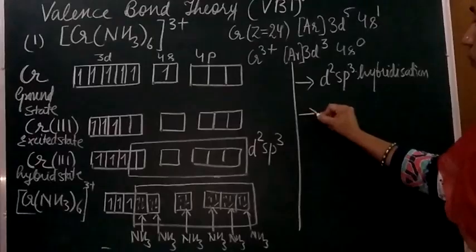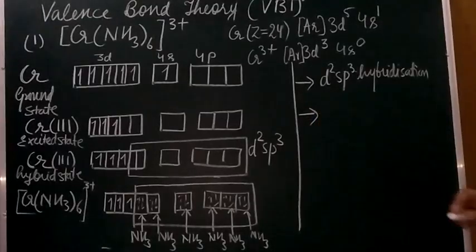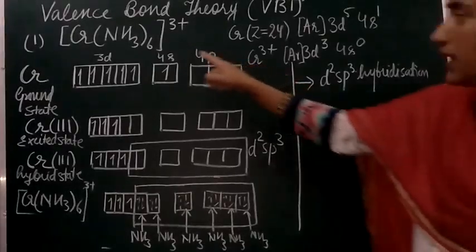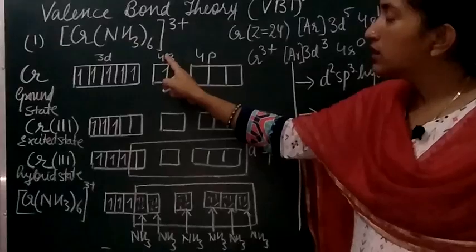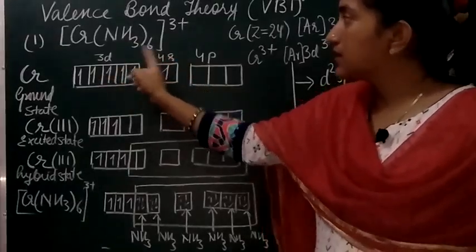Now the second one is the d subshell which is getting involved, students. Just think which orbital it belongs to. It is belonging to nd or (n minus 1)d. So what is n here? It is 4. So the d subshell which is getting involved is n minus 1, that is 3, right?